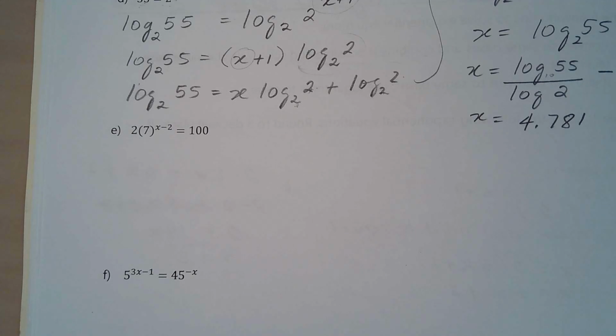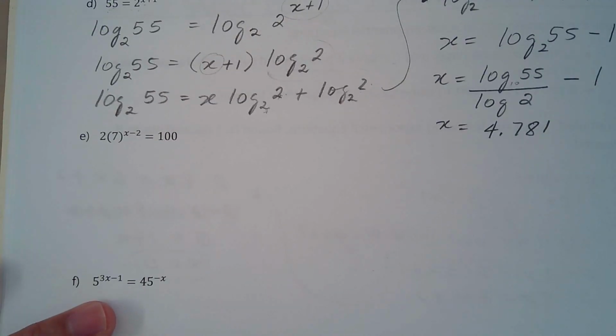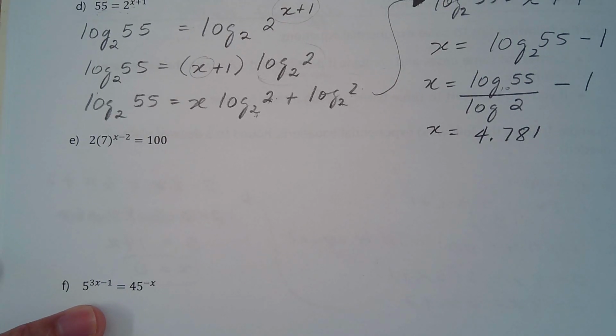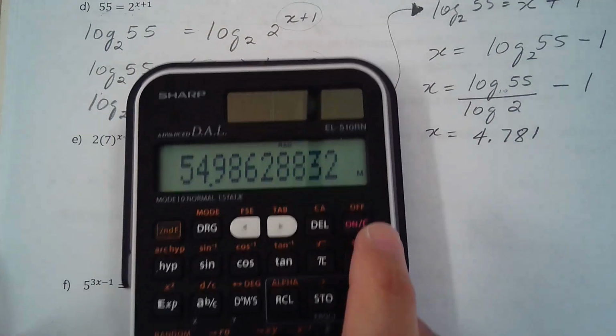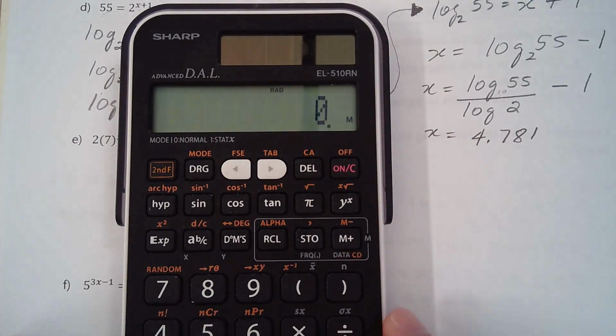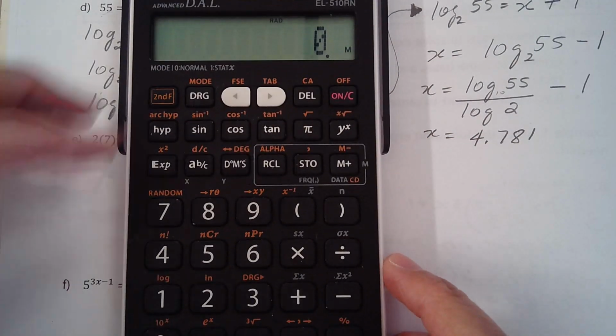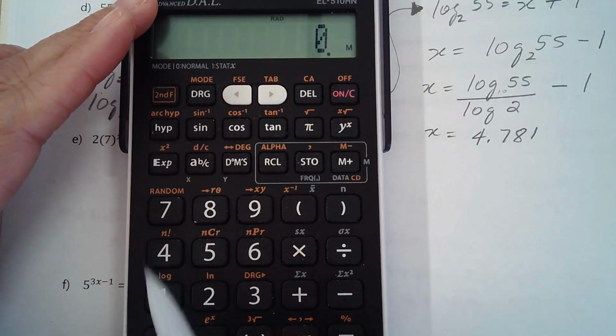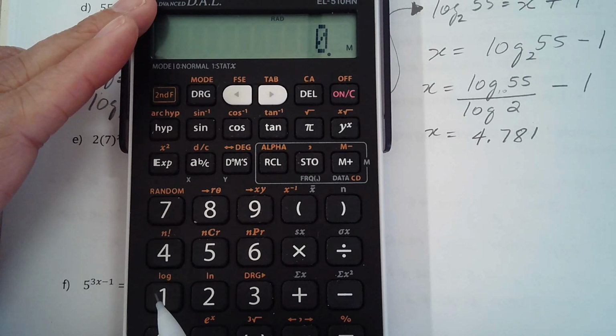Yeah, I got a question. Oh, on your calculator? Oh, how to type it in? So you can look at your calculator. Mine is over here. Do we have the same one? Okay.